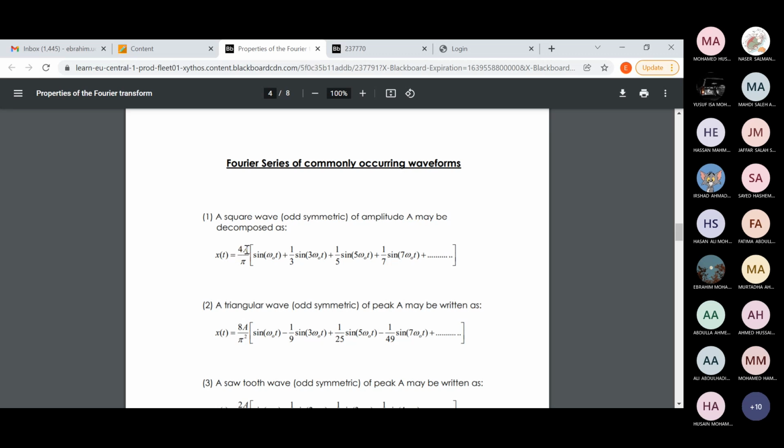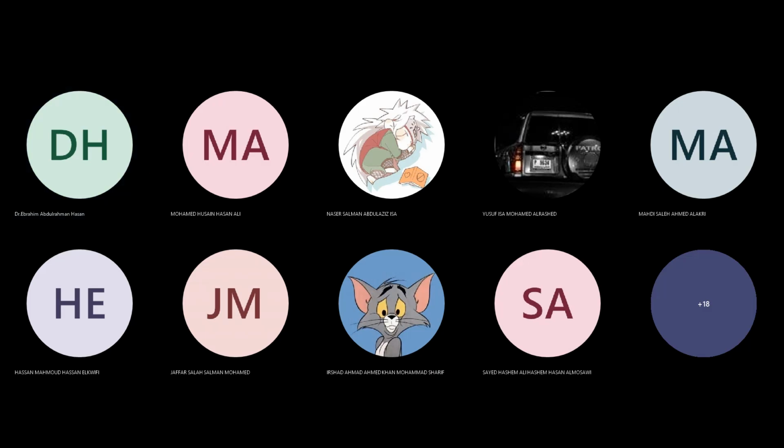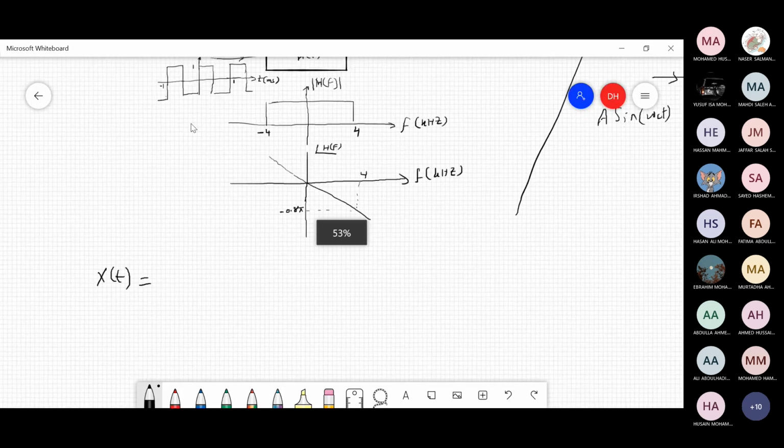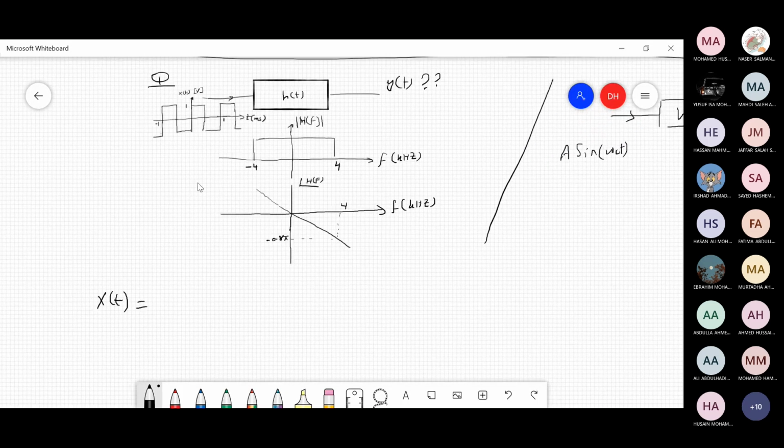Okay, so it is equal to 4a divided by pi, times sine omega naught t plus 1 over 3 sine 3 omega naught t plus 1 over 5, and so on. So then, first step: change this one or express it in sinusoid by using Fourier series.